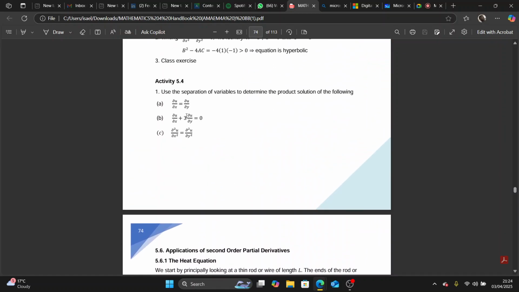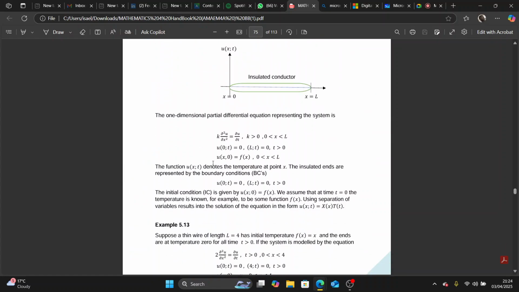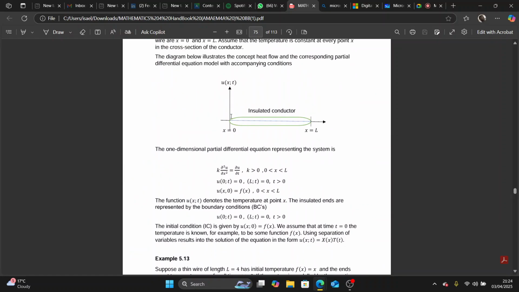Those partial derivatives we're working with here are for u and x, and u and y. In this case of this equation, the variables are x and t.